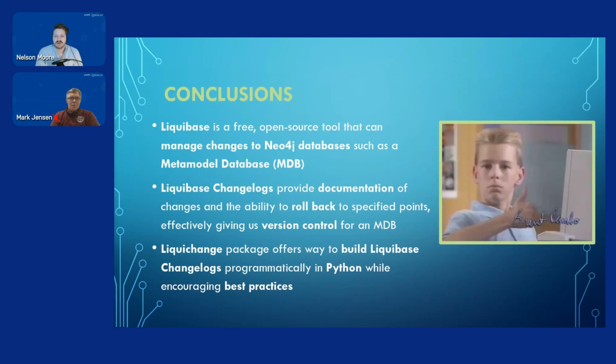So just in a nutshell, Liquibase is a free, open source tool that can help you manage changes to Neo4j databases, such as the Metamodel Database. These Liquibase changelogs provide documentation of changes and the ability to roll back to specific points in time, which effectively gives us version control for an MDB. And the Liquichange package offers a way to build Liquibase changelogs programmatically in Python while encouraging some Liquibase best practices.